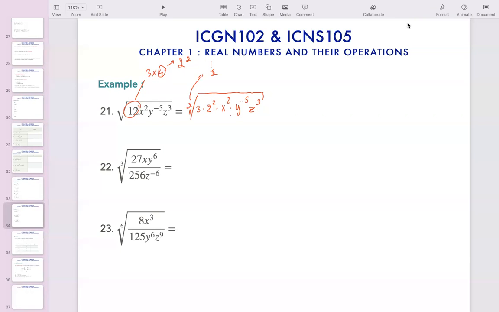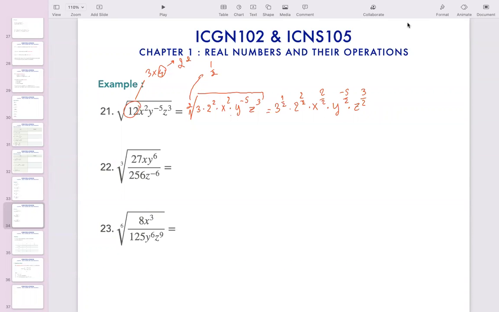So I will apply this to each exponent. Then I get 3 to the power of 1/2 times 2 squared over 2 times x squared over 2 times y to the negative 5/2 times z cubed over 2, like this. And when we have this already, I try to simplify this again.